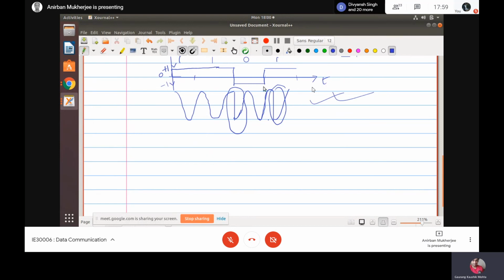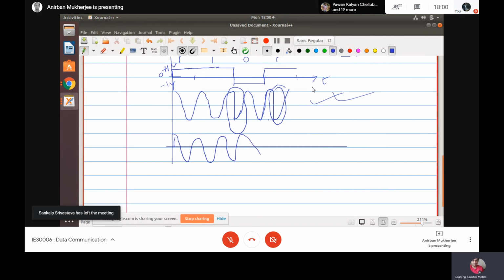If it is mt cos omega ct, and if it is 1, then I am doing mt cos 2 omega ct. For 0, it is omega c.